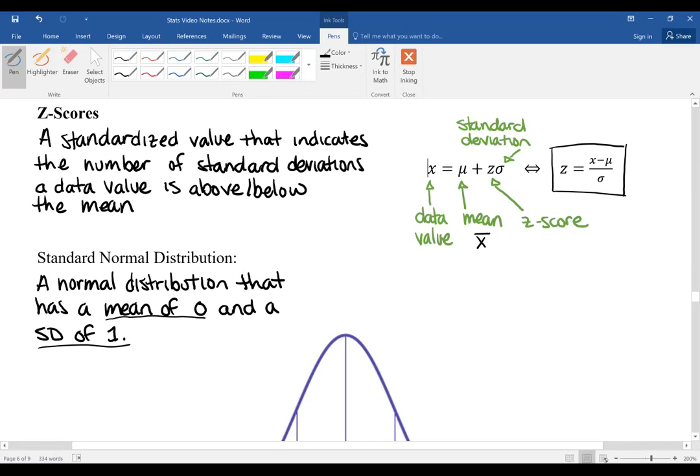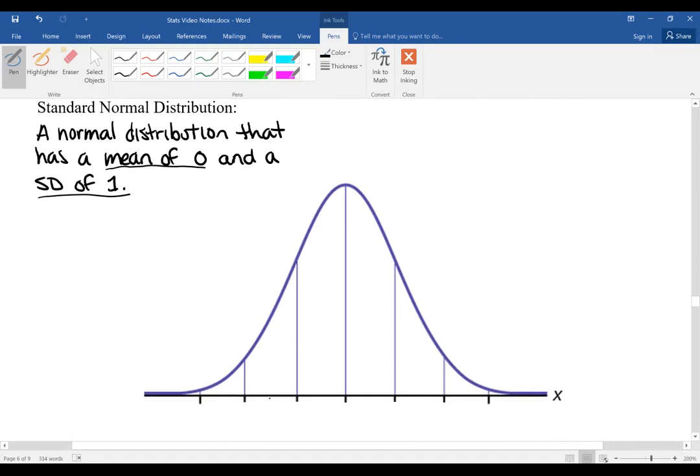I'm going to show you what that looks like on the normal distribution curve. So we have our bell curve here. When I input the standard normal distribution, in the middle is my mean, which is 0. When I input my standard deviations, they increase by 1 as I go up on the right and decrease by 1 as I go to the left.